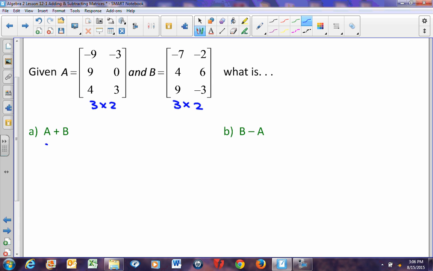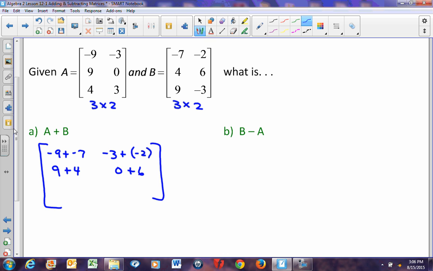For example, I would have -9 plus -7, -3 plus -2, 9 plus 4, 0 plus 6, 4 plus 9, and 3 plus -3. All I did was equate the corresponding elements. This -9 went with that -7, this -3 went with that -2, and they went in their corresponding places.